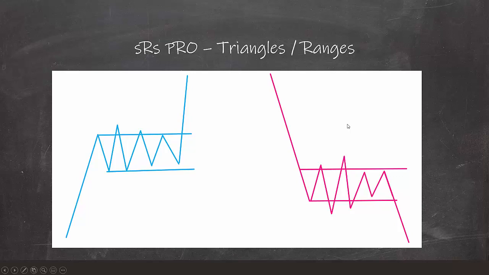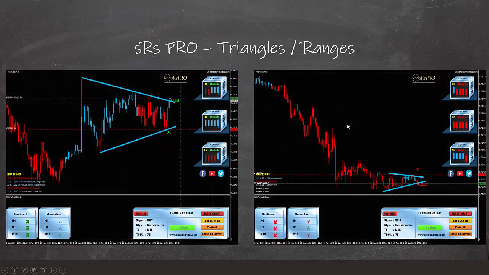So now examples. Here is an example of a bullish triangle, push to the upside. Also in that case, trending structure. We got here this pattern. Also, of course, we can work with that. Even if it's one leg, no problem, as long as the higher time frame is with us.